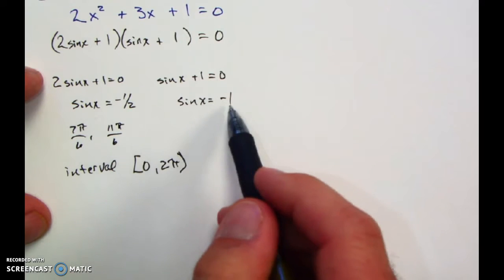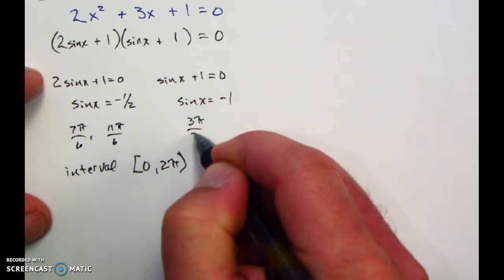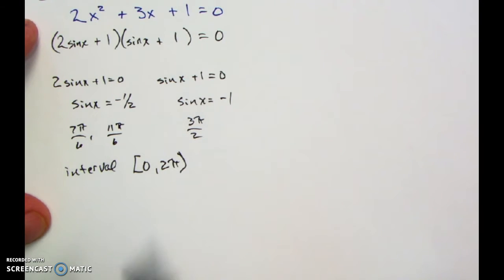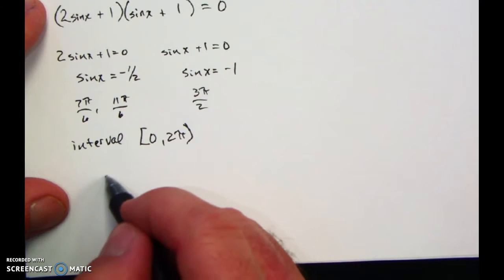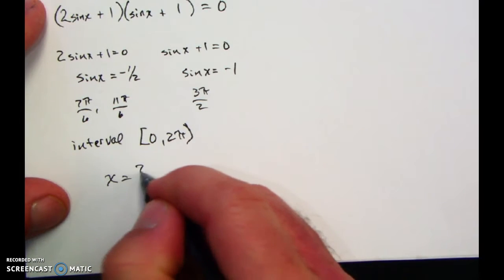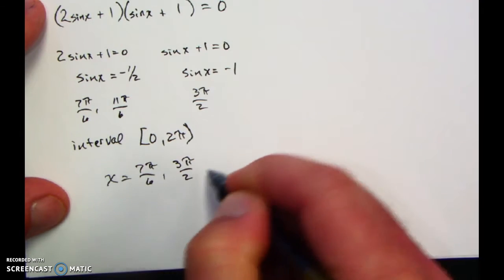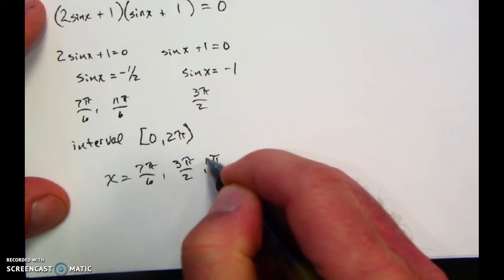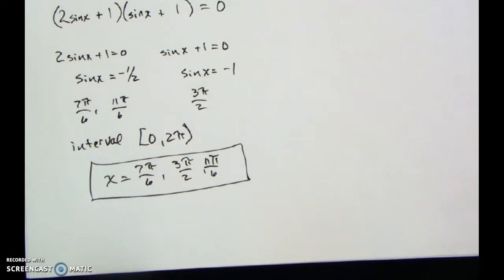And then where is sine of x equal to negative 1? That happens at 3 pi over 2. So on the interval from 0 to 2 pi, we would have those three angles for x: 7 pi over 6, 3 pi over 2, and 11 pi over 6 for our solutions.